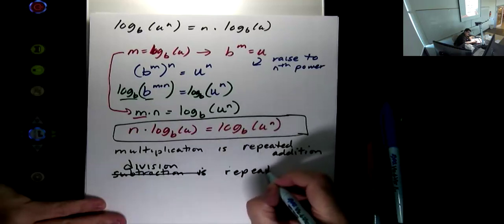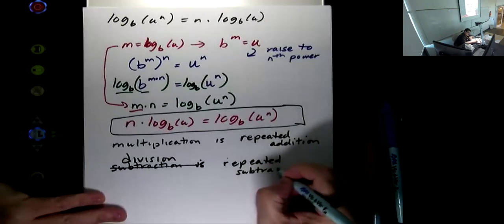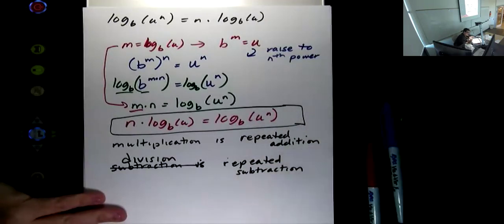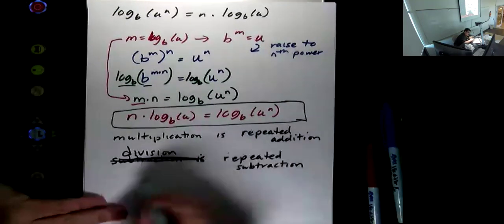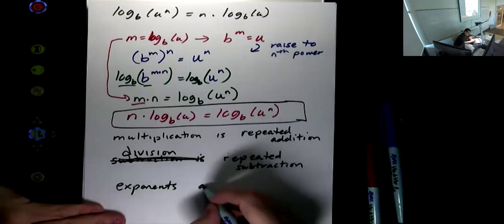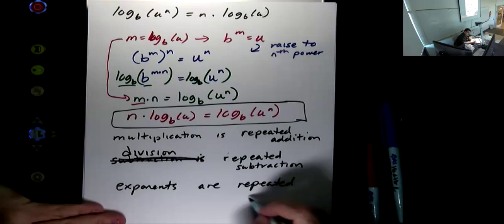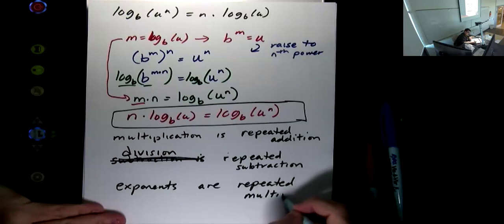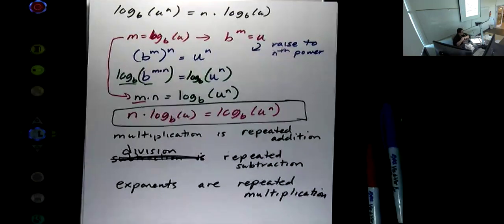Well, I always kind of wondered how those work in correlation, I guess. It makes sense now. And finally, exponents are repeated multiplication. It's a shorthand way we do what we do. X times X times X, we say X cubed. We give it an exponent rather than doing the multiplying.